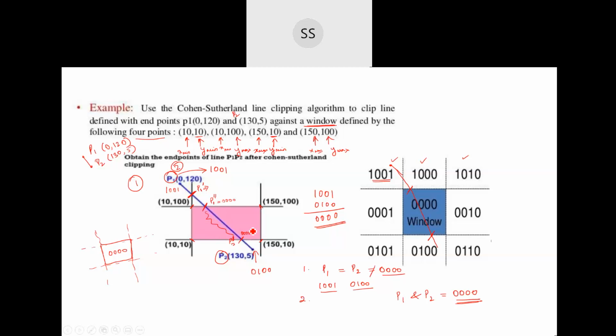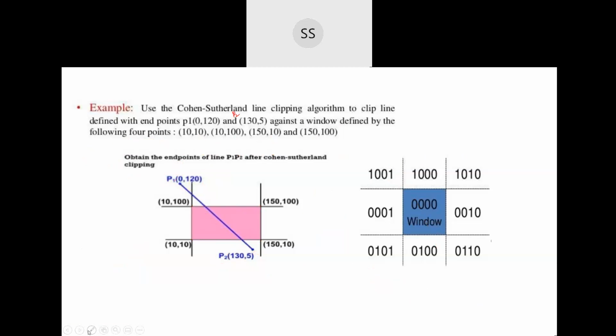So let us see what is happening. Okay, now look at a small portion. We just saw a small portion in which I have plotted my window, plotted my line, and assigned the region code for P1 and P2. I found that the region code for P1 and P2 is not equal to 0. Then I performed the logical AND operation on P1 and P2.